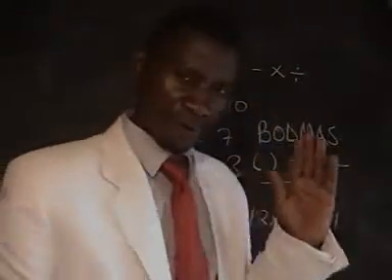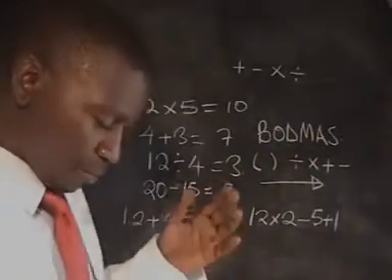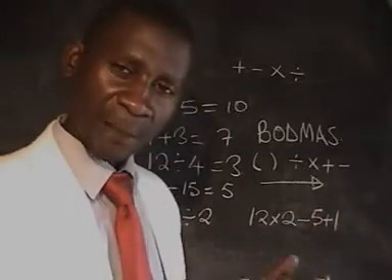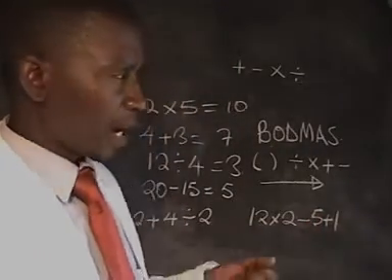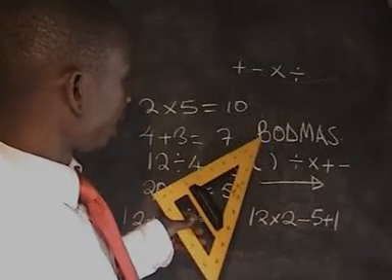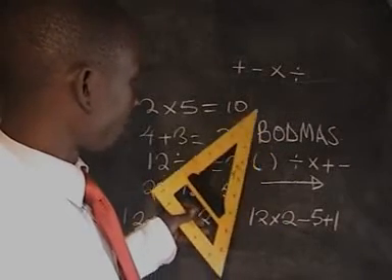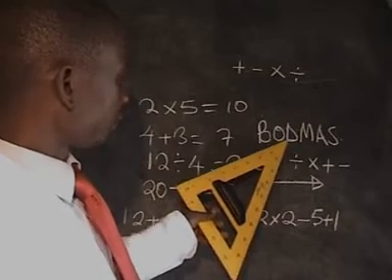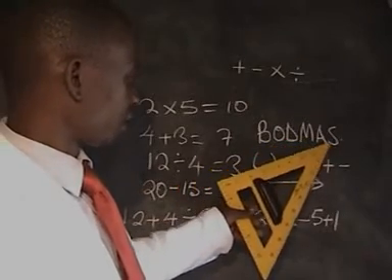So whenever you confront a problem where more than 2 operations are used, that is addition, subtraction, multiplication, and division, what you have to do is to consider BODMAS. You have to check if in that problem you have brackets. If no brackets, then the next is of, then division. Do you have division, multiplication, addition, and subtraction?